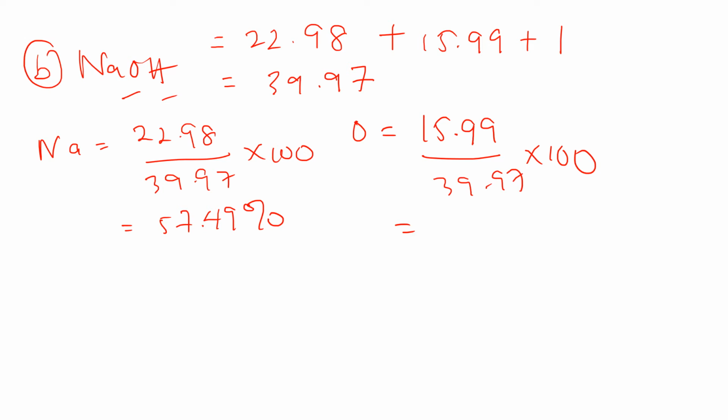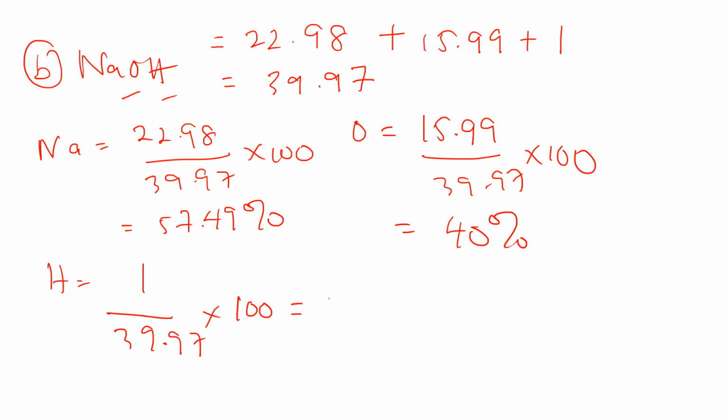The answer is 40%. And for hydrogen, 1 over 39.97 times 100 equals 2.52%. Okay, so when you total up these three percentage values, you will get 100%. So this is 57.49% for sodium, 40% for oxygen, and 2.52% for hydrogen.